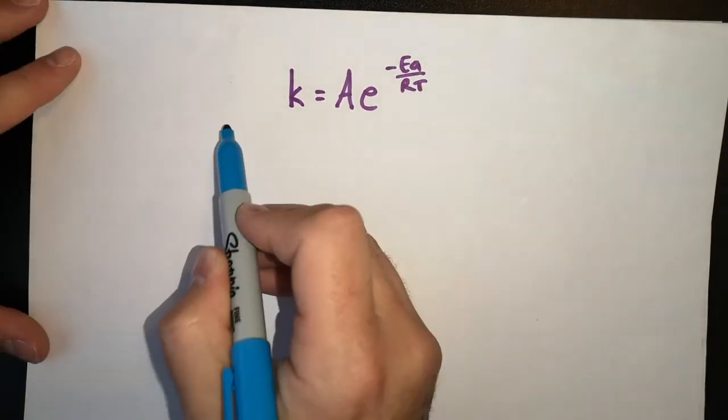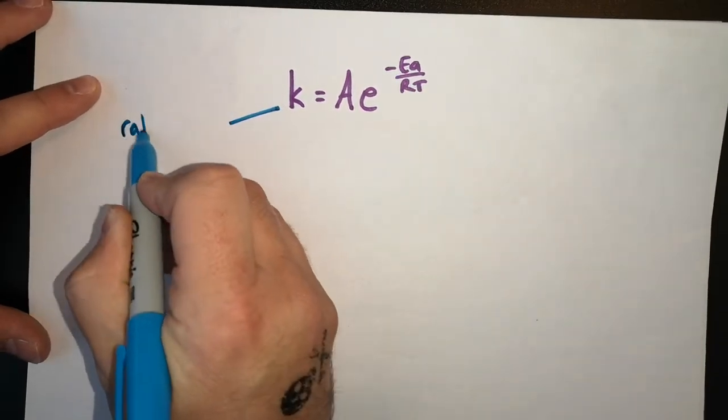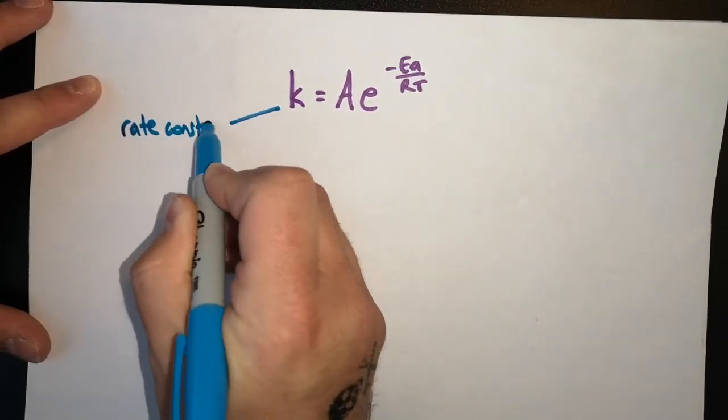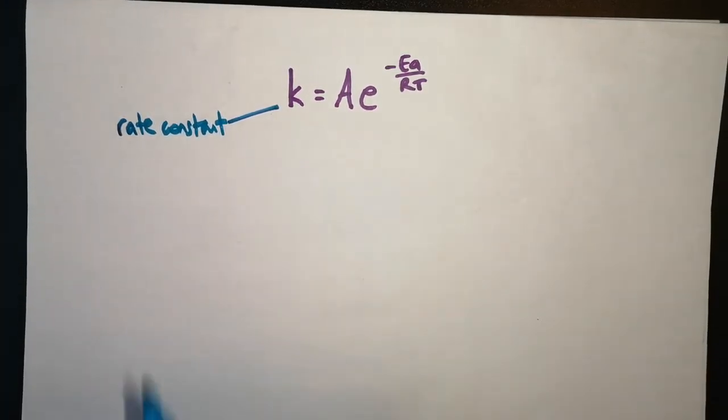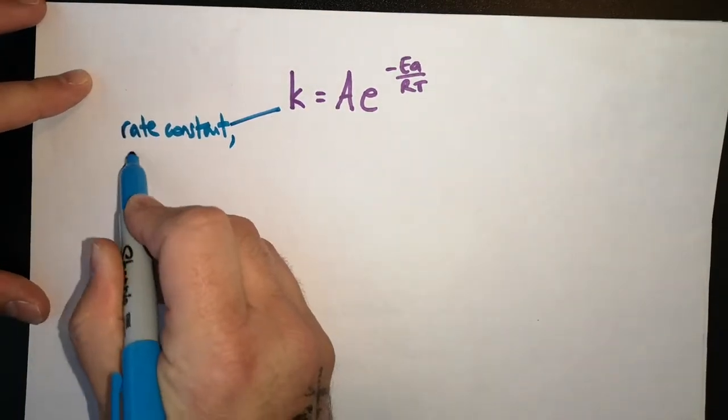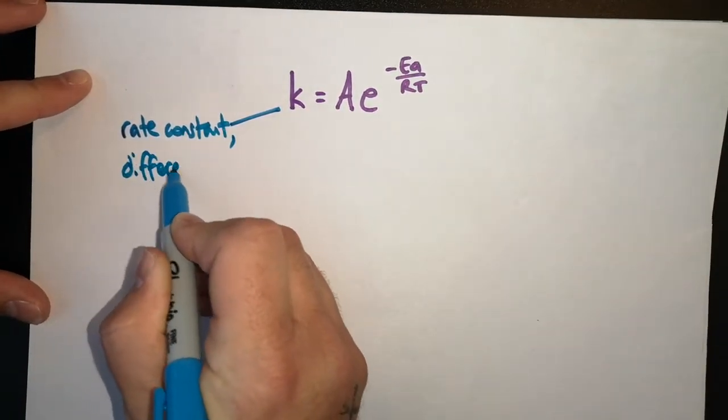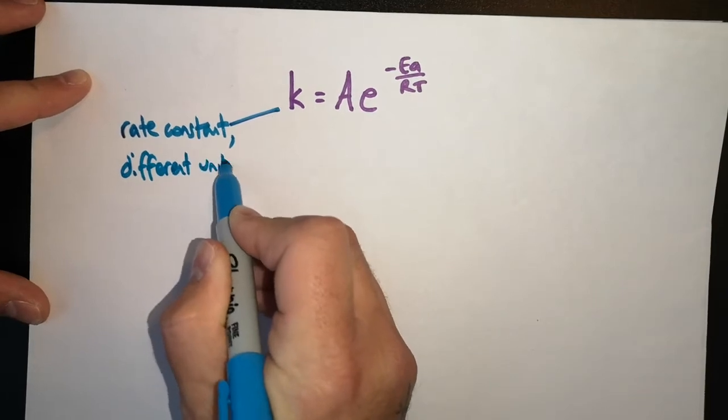So k, as we've seen several times, is the rate constant. And you know by now that k can have different units, so we'll just leave that as a statement here. We can have differing units.